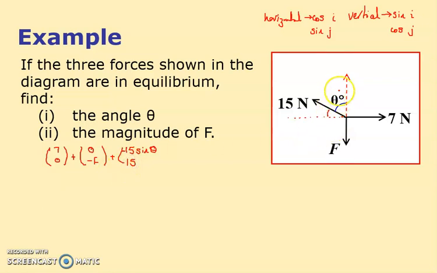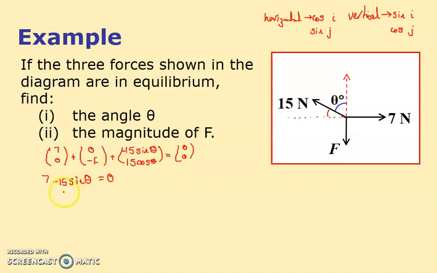It should be sine, but they're giving me the wrong angle, so I'm going to write cos theta. And that equals, in equilibrium, 0, 0. Top line, minus 15 sine theta, don't forget that 7, equals 0.